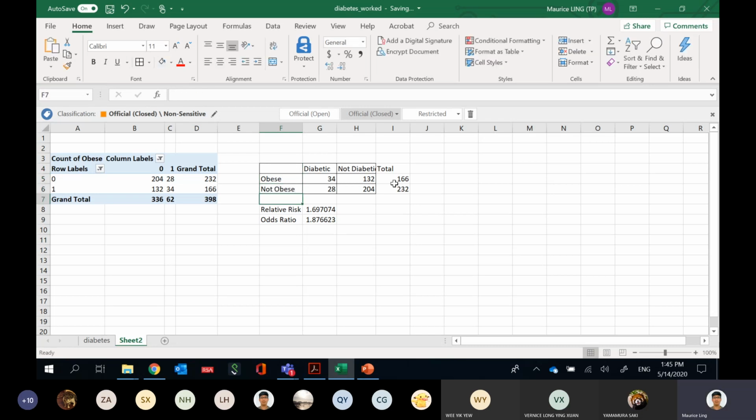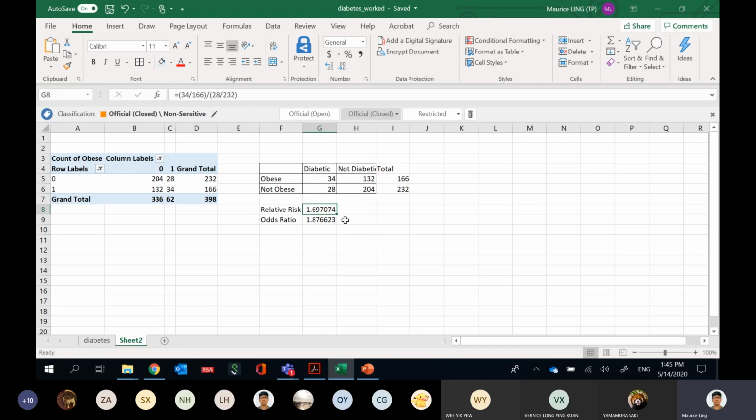Okay, did I get the numbers right? 204, yeah, correct. So obese and not obese. So you have almost 69% more risk, actually between 69 to about 77, 88% more risk of diabetes if a person is obese.